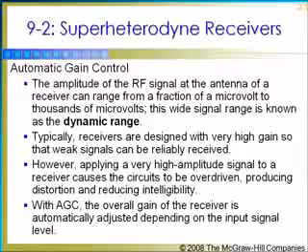the overall gain of the receiver is automatically adjusted depending on the input signal level. The signal amplitude at the output of the detector is proportional to the amplitude of the input signal. If it is very high, the AGC circuit produces a high DC output voltage, thereby reducing the gain of the IF amplifiers.